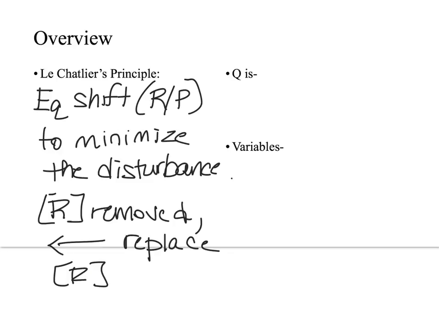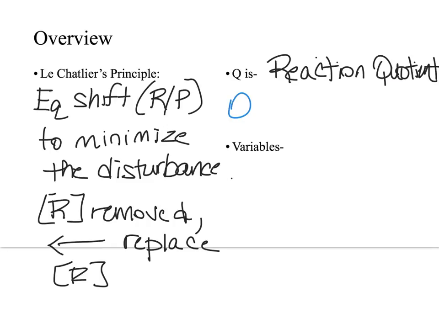The second term here is Q, and Q is defined as the reaction quotient. In formula, it's the same as KEQ, where we have the products of the reaction to some power, depending on the mole ratio, over reactants to some power.